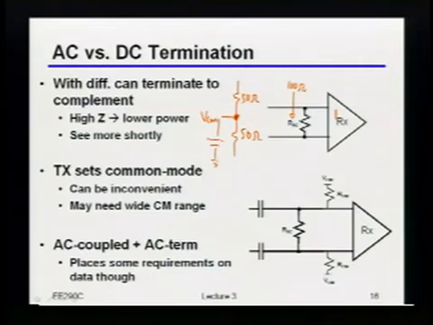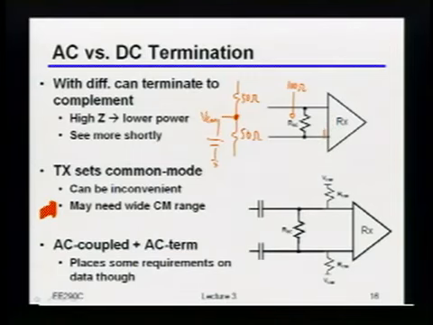In fact, sometimes people will do everything ground referenced simply to avoid dealing with that problem. But if you do it the way I've shown you here, it does tend to be a little bit annoying, because you may get that wide common mode coupling. Or even from a practicality standpoint, if you're dealing with a bunch of different transmitters and I didn't spec exactly what the common mode is, I may have to make the common mode range on my receiver quite wide.